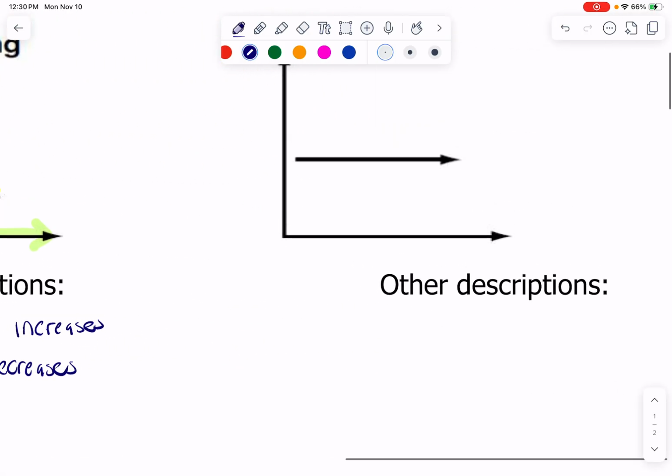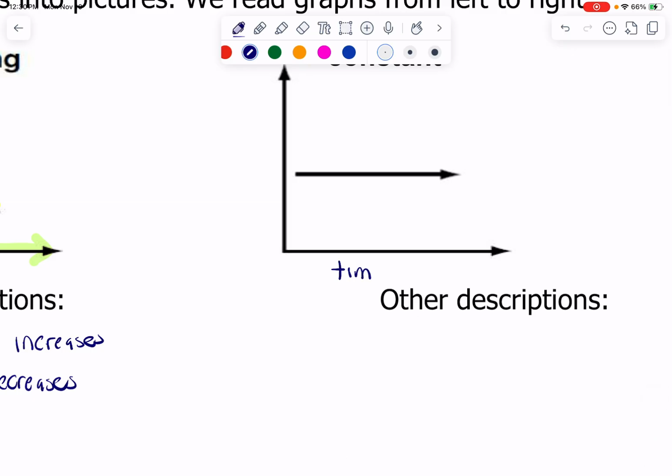Okay, and let's look at the last one. We've got time and distance. So we're going to start that off again: as time increases. As I look from left to right at the time here, what's happening on this distance?